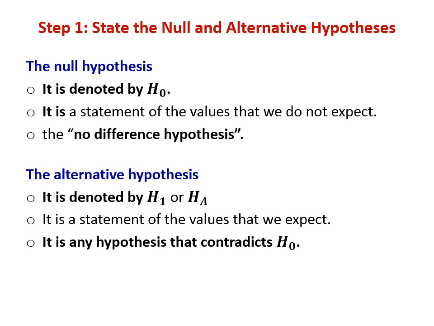This is because the estimated coefficient is assumed not to be different from a certain given value, say for example 0 or 1. On the other hand, the alternative hypothesis is a statement of the values that we expect. In a clear-cut definition, an alternative hypothesis could be defined as any hypothesis or statement that contradicts the null hypothesis.